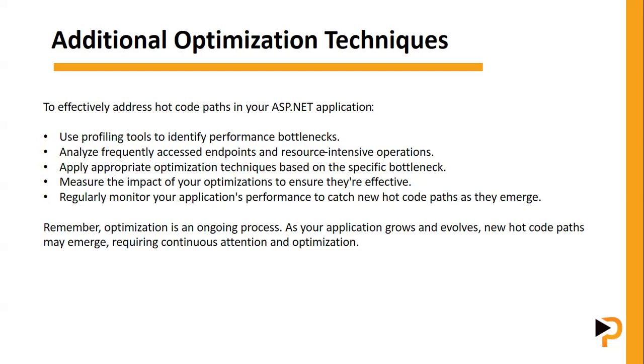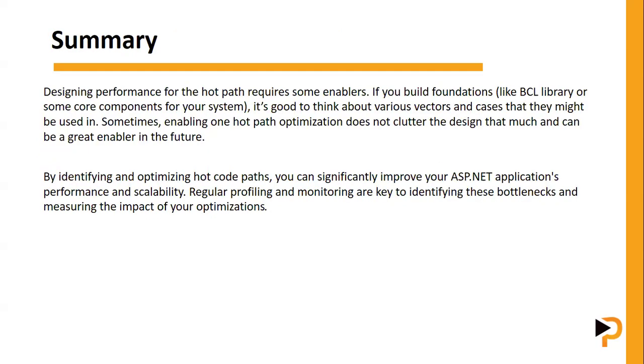Now, next, designing performance for the hot code paths requires some enablers. So if you build foundations like libraries or any kind of tools, it's good to think about the various vectors and cases that they might be used in.